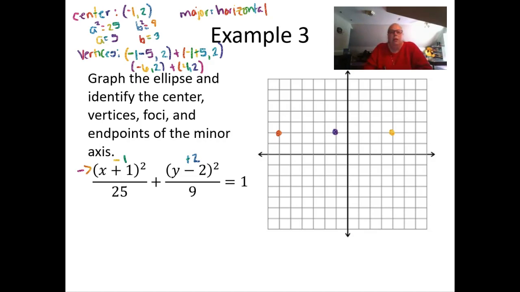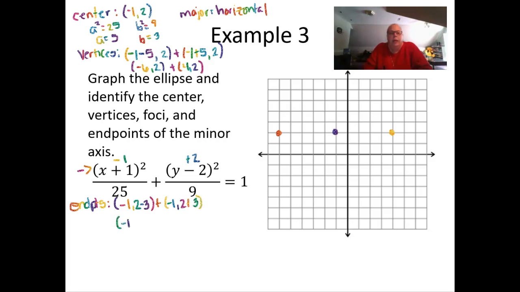Okay, let's get the endpoints before we do the foci. All right, the endpoints: our b coordinate is going to be 3. This gets added and subtracted to the y coordinate of our center. So our endpoints are going to be at (-1, 2 minus 3) and (-1, 2 plus 3).